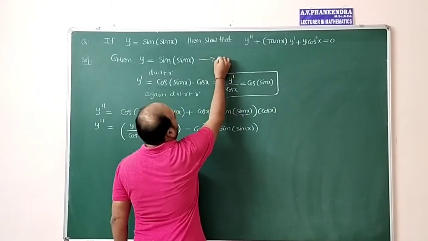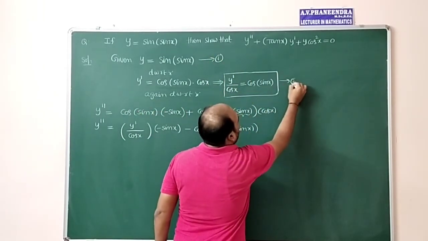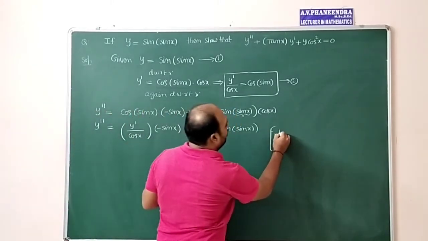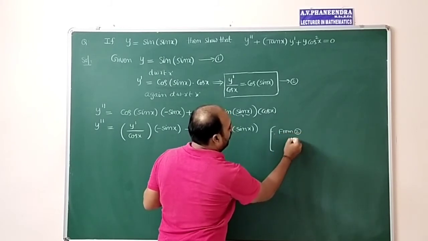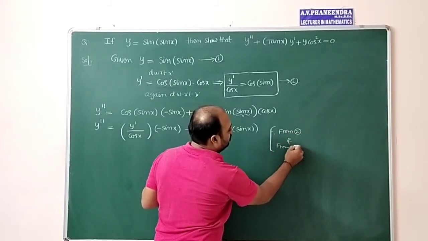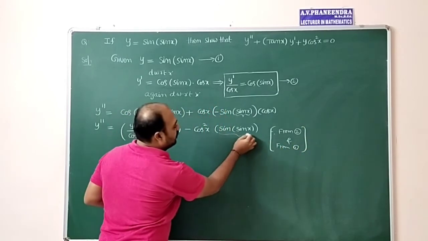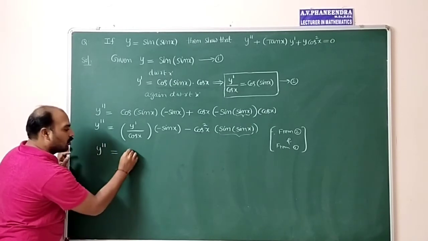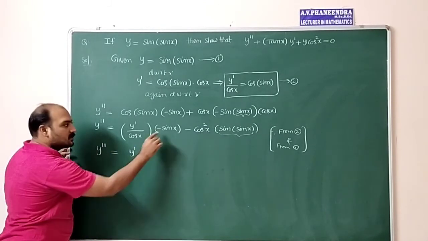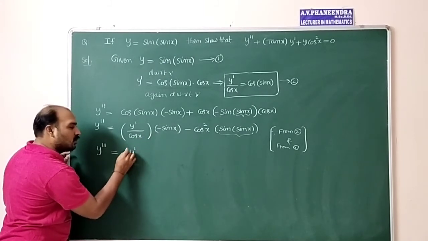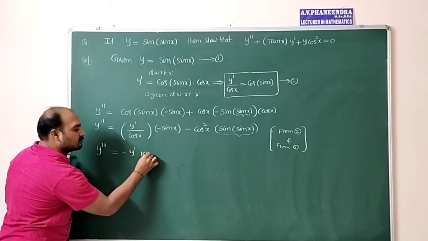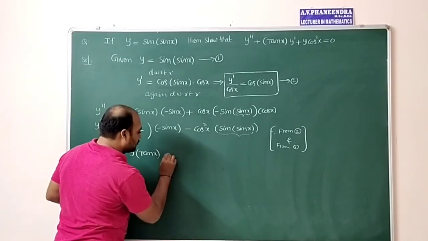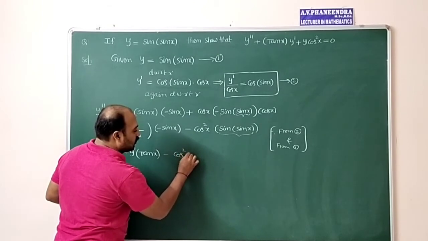You put, this is equation number 1, this is equation number 2. Here we applied from equation 2 and from equation 1 here, this value from 1. So y double dash is equal to y dash sin x by cos x, minus is already there, tan x, minus cos square x into y.